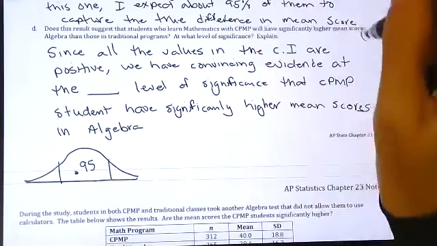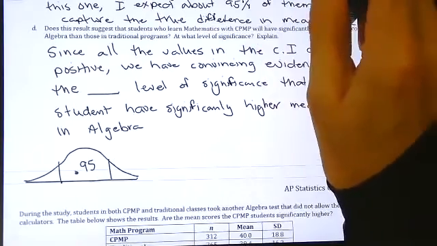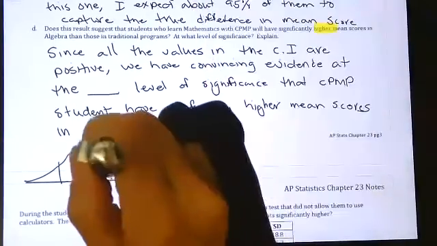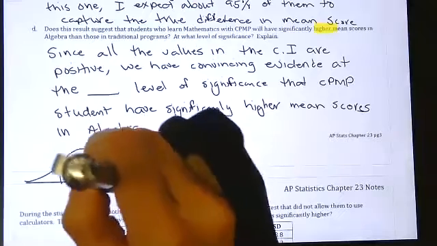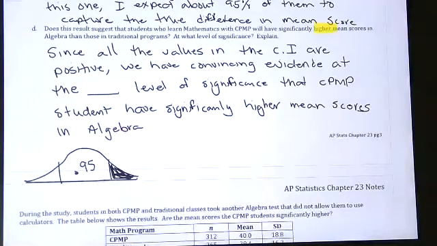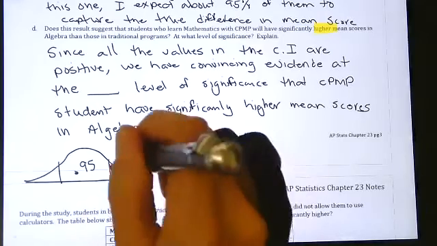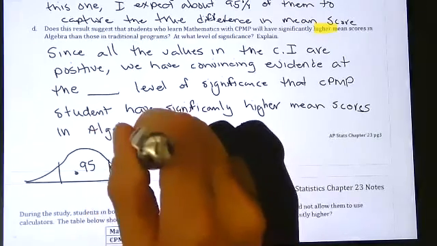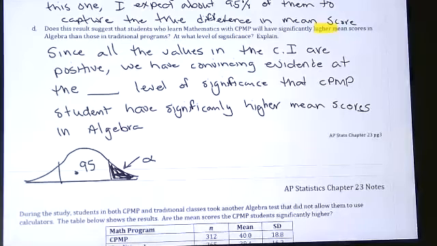Now we are testing for a higher mean score, which means my significance level is the higher tail. If we were just testing for a difference, we would add the 2 tails together. If we were testing for a lower mean, we would just look at the bottom tail, but we're looking for a higher mean score. So this right here is my alpha level.